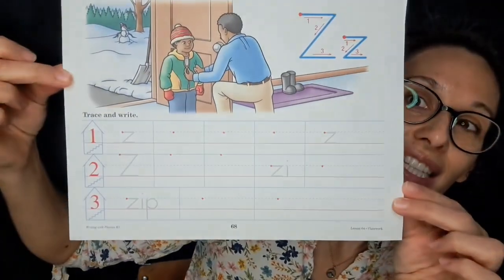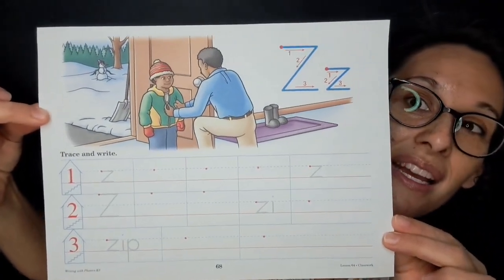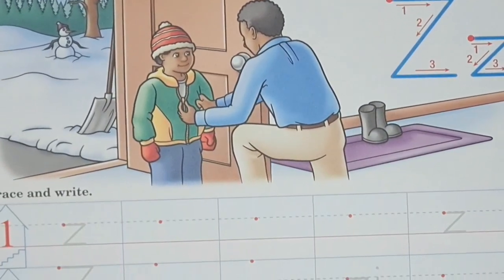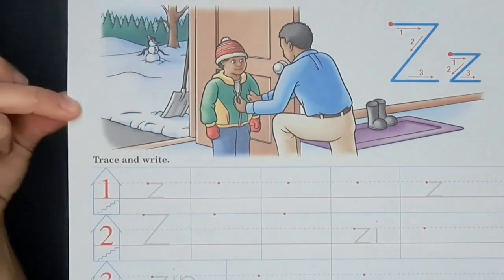Okay, now for penmanship today, you're going to do page 68 in your Writing with Phonics. Making Z's. My camera focused in on it.